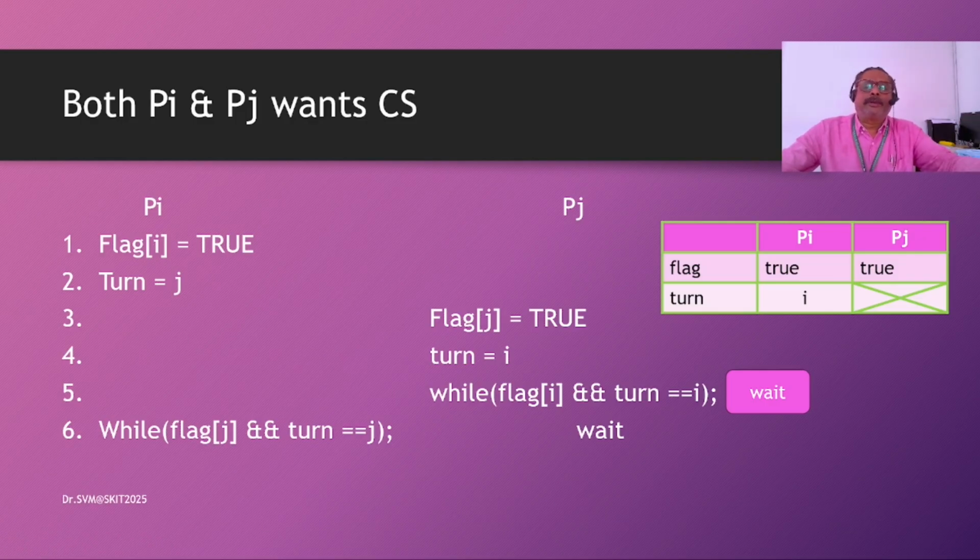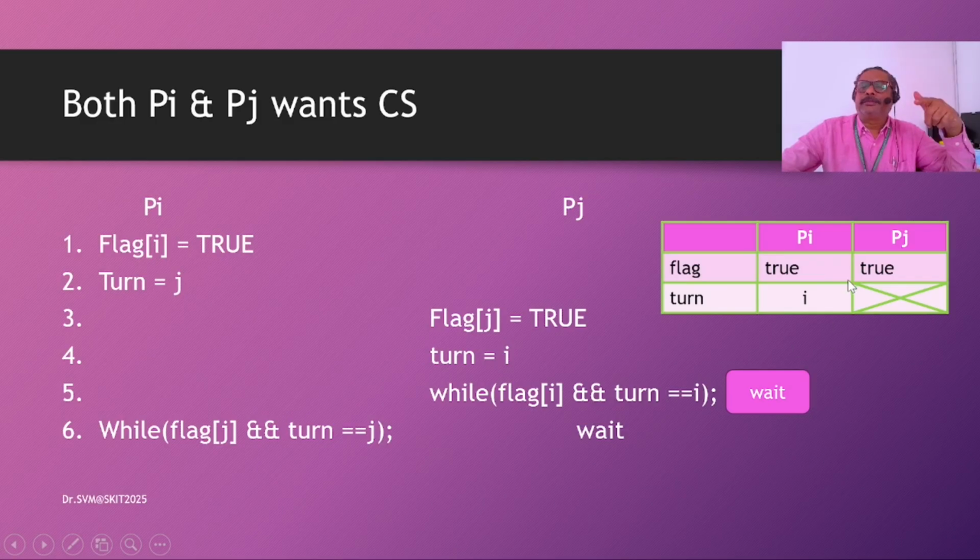Pi gets a chance to execute next, so the third instruction of Pi comes up, and again it is a while loop, so flag j and turn equal to j. Flag j, yes it is true. What is turn? Turn is still I. Turn was made j earlier, but at the fourth instant turn was made I, therefore currently the turn is still I, so turn equal to j is false.